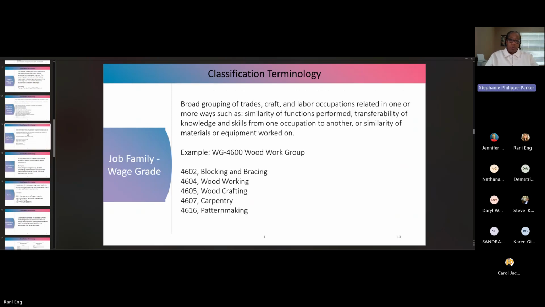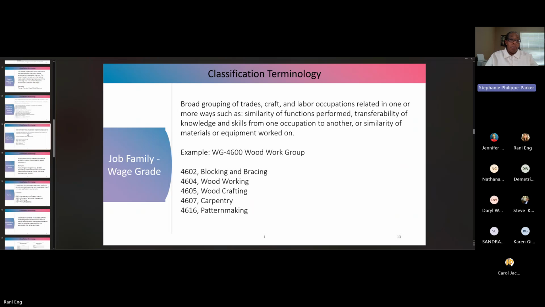As it relates to wage grade positions, job families are very similar, but they're described as it relates to blue collar work: trade, craft, and labor occupations that are related in more ways than one. In this particular example, we're talking about the woodworking group. The 4-digit series are similar in that they all start with the same 2 digits.